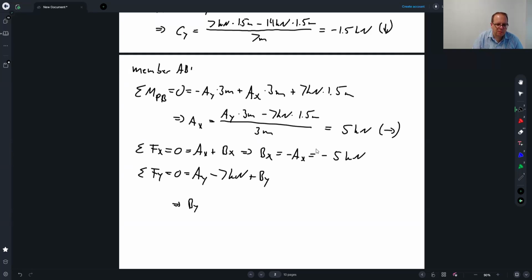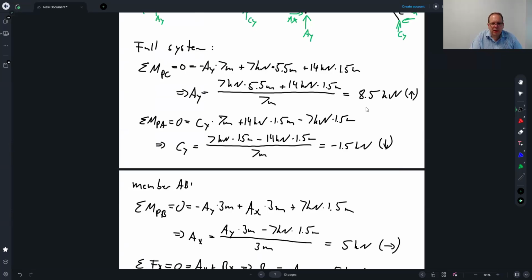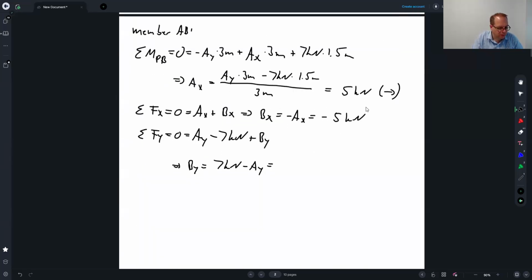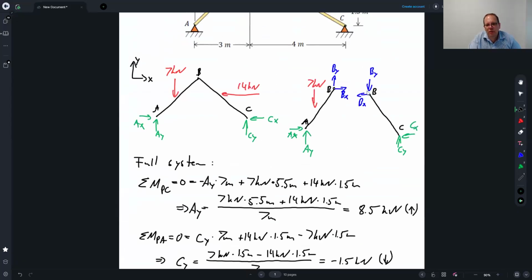That means BY is 7 kilonewton minus AY. Let's see where it was. AY was 8.5 kilonewton. So that should be minus 1.5 kilonewton. 1.5 kilonewton. Very good.